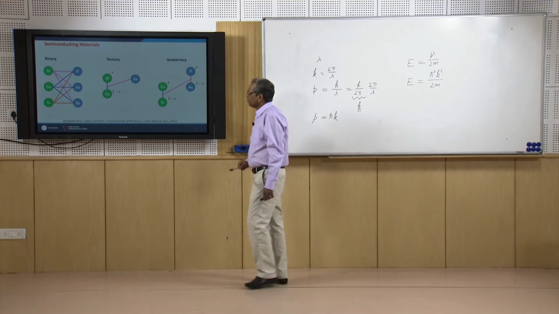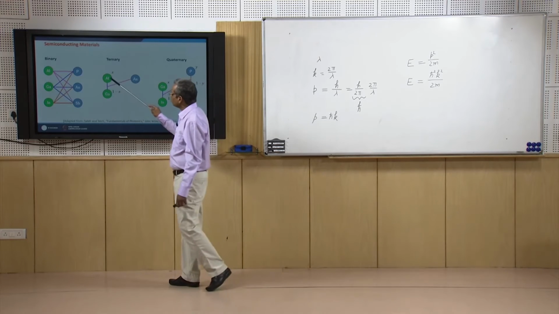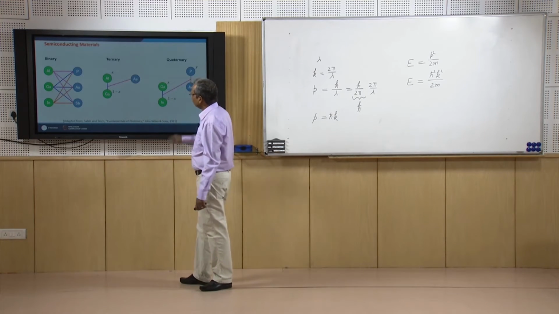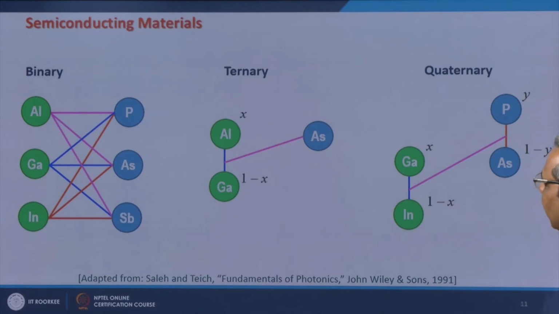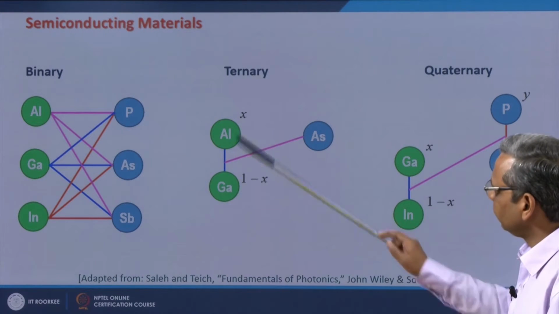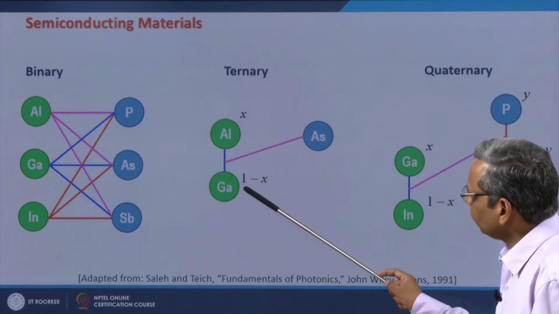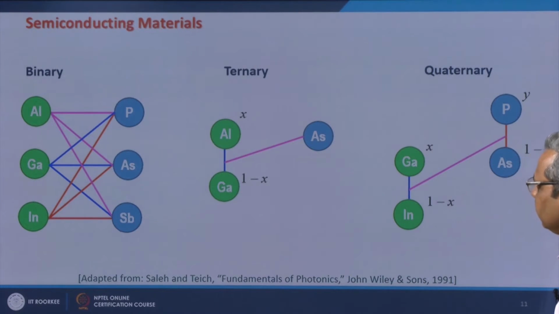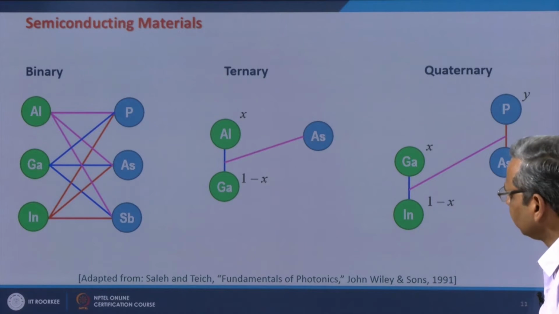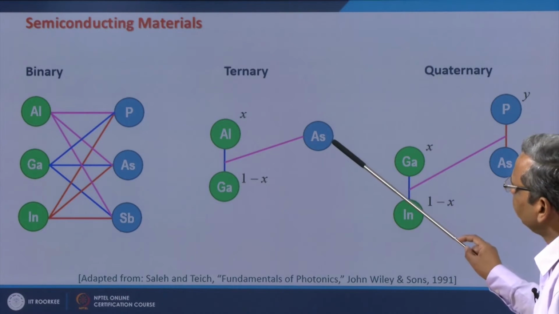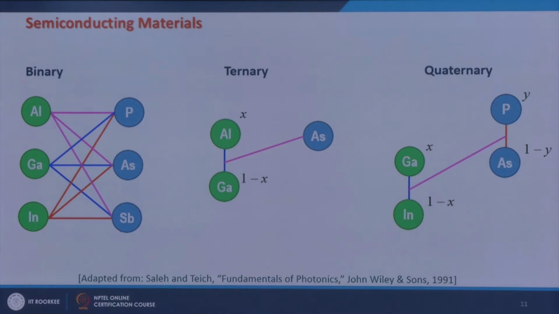I can also have two elements from the third group in different proportions and one from the fifth group. So, if x fraction of aluminum is combined with 1 minus x fraction of gallium from the third group and then with arsenic of the fifth group, then I can make aluminum gallium arsenide.